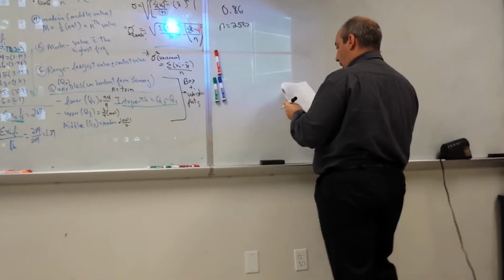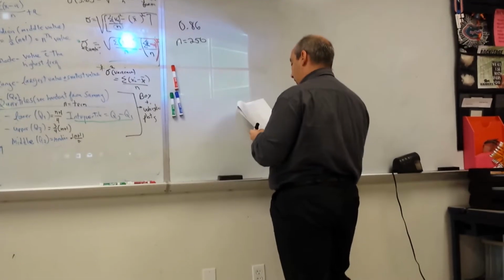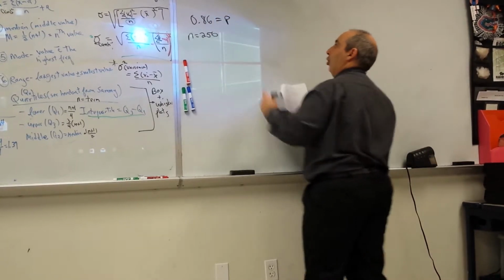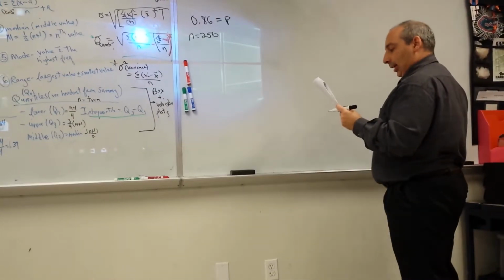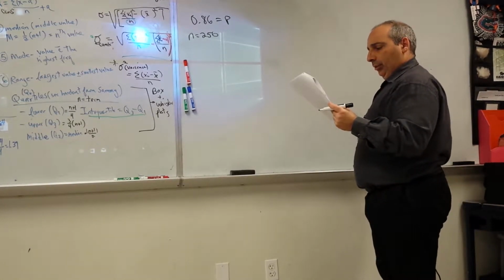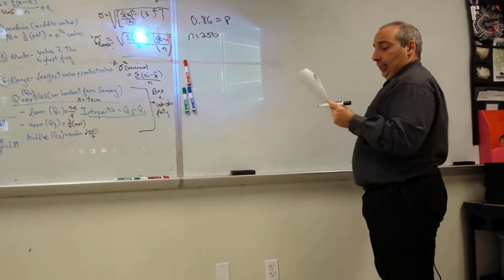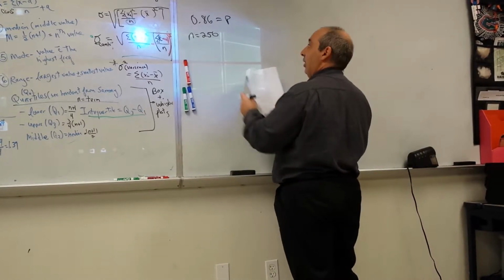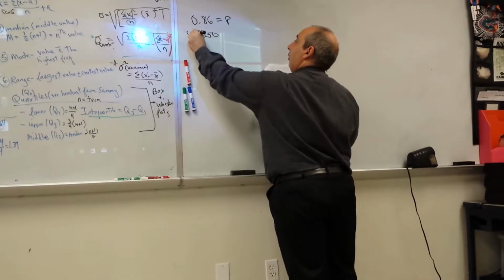Okay. So the first thing, what's the 0.86 represent? The probability that it will germinate. Right. So the first thing is they multiply, which they consider the mean.